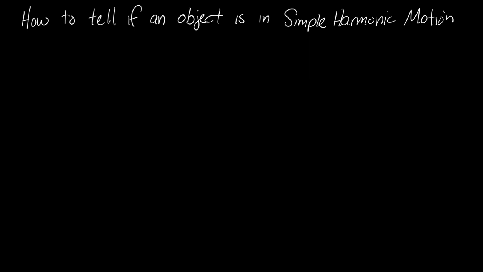If I take some random object and set it into some kind of oscillatory motion, I want you to be able to determine, theoretically, if that object is in actual simple harmonic motion.